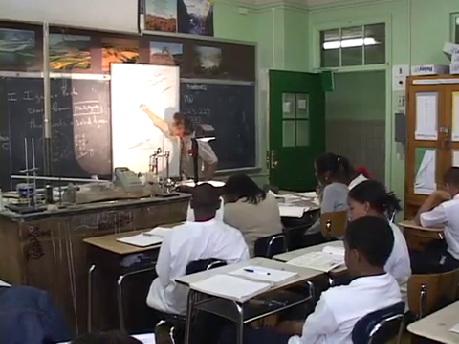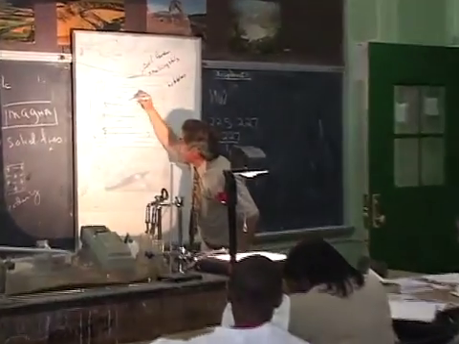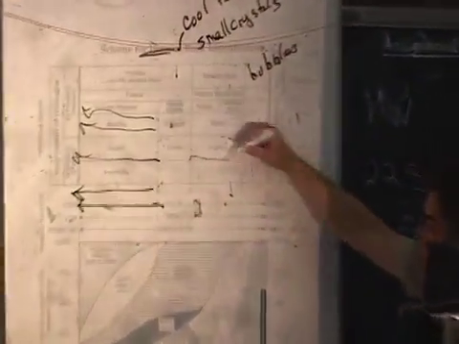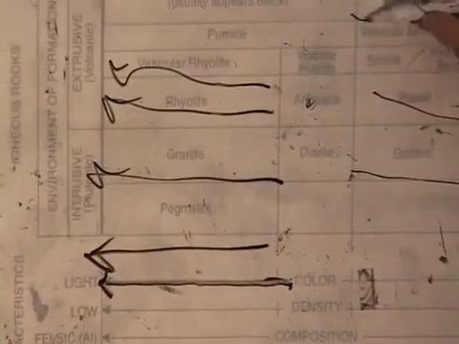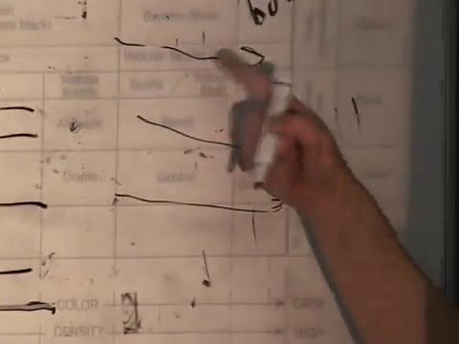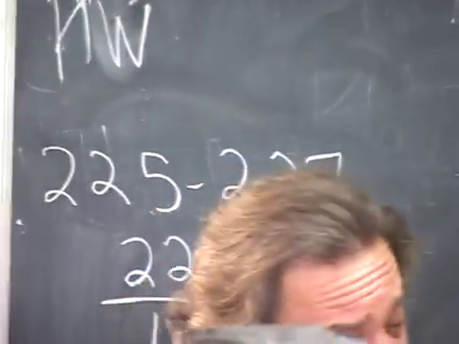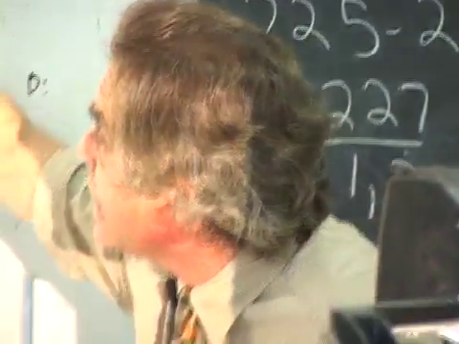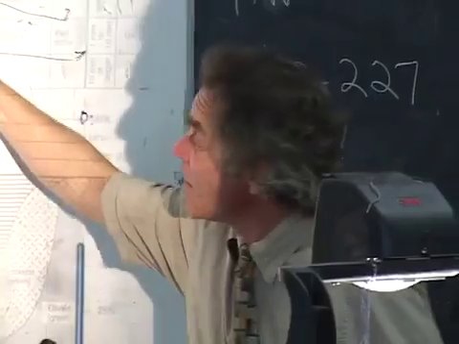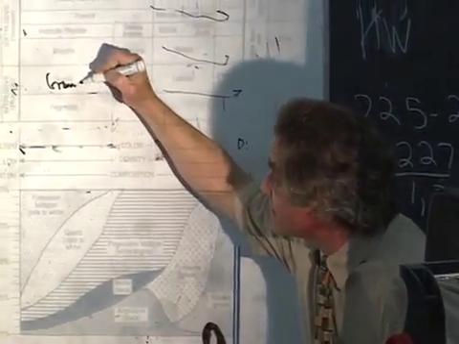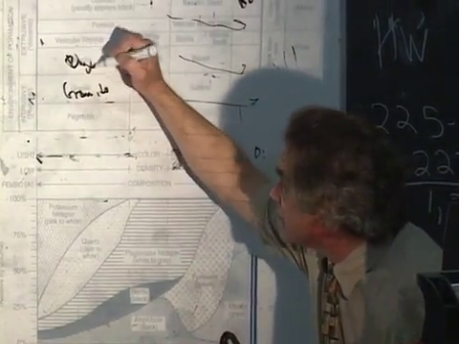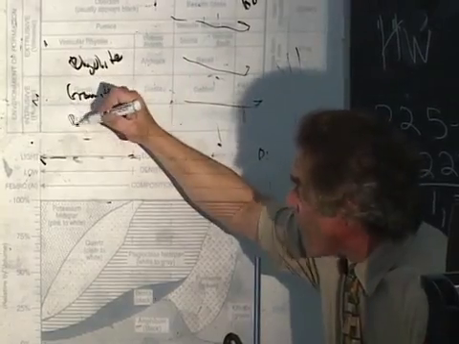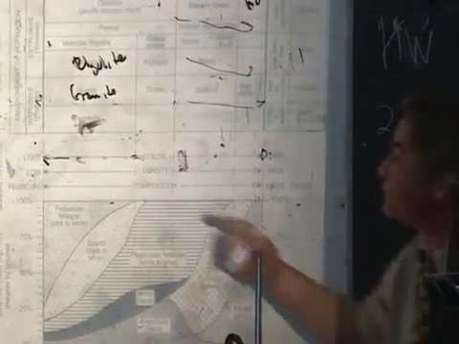So these rocks over here are all light in color. According to the chart, what's the color of these igneous rocks? It says dark. So since they're light in color, I know, and you should know, that it could be granites, or rhyolites, or even a rock called a pegmatite.